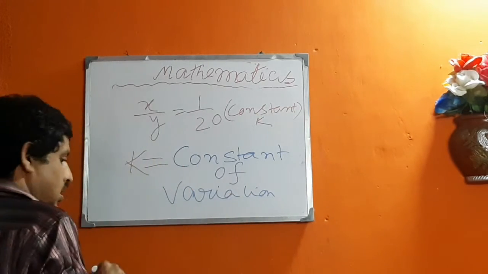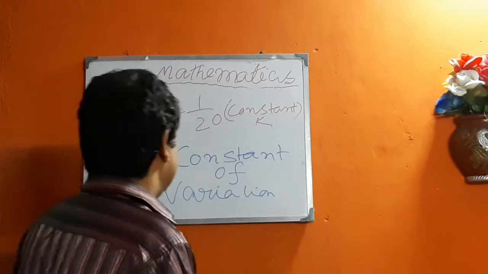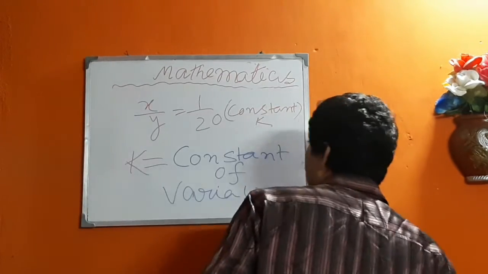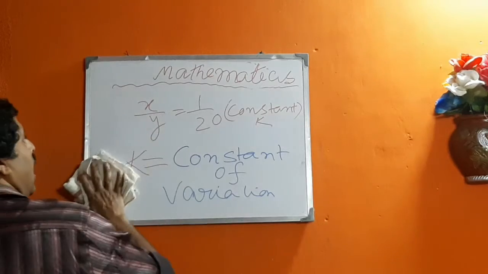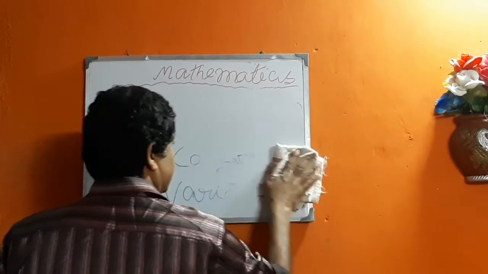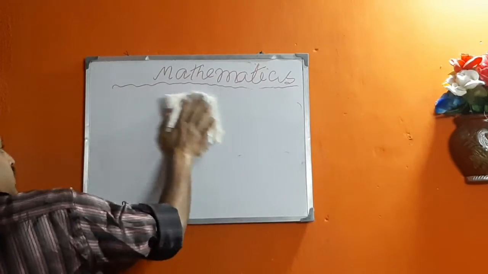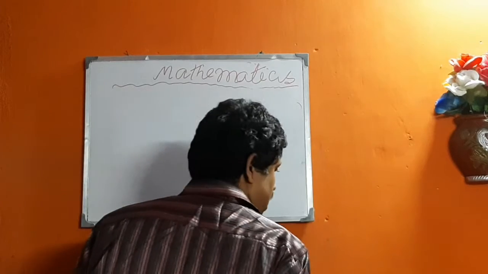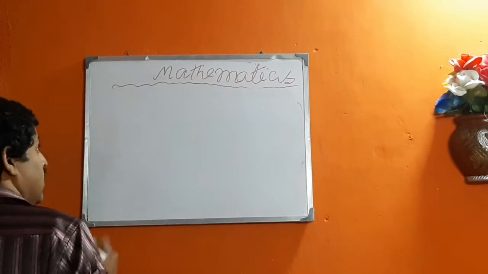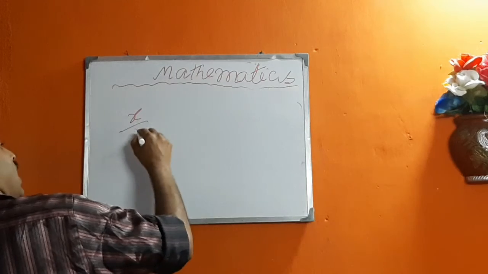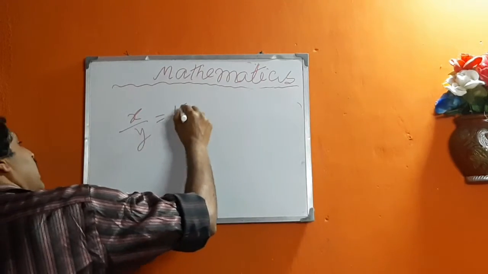So if I generalize, two quantities x and y are in direct variation if x by y equals k.